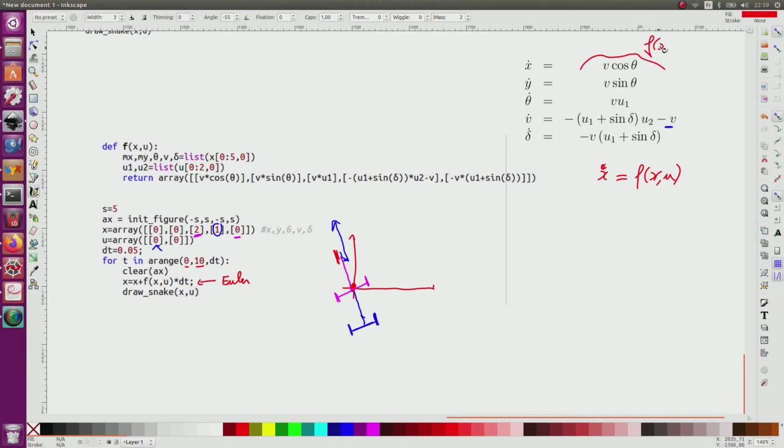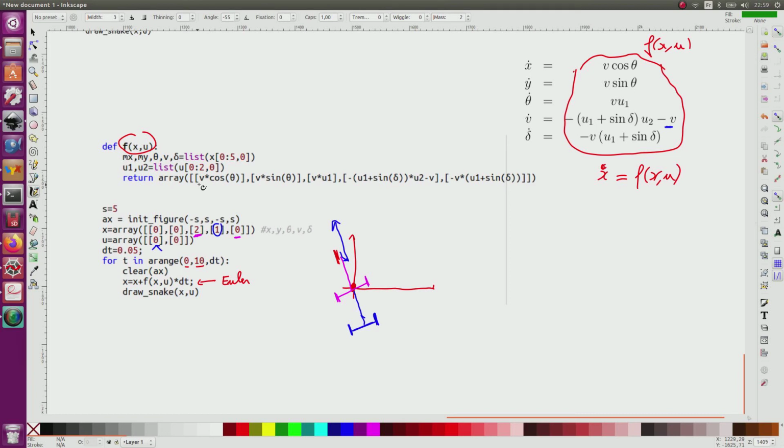Okay. So for the evolution function, this corresponds to f of x and u. So I program f, x and u inside this evolution function. So first, from x and u, I extract the state variable and the two inputs. And this corresponds to the evolution function.